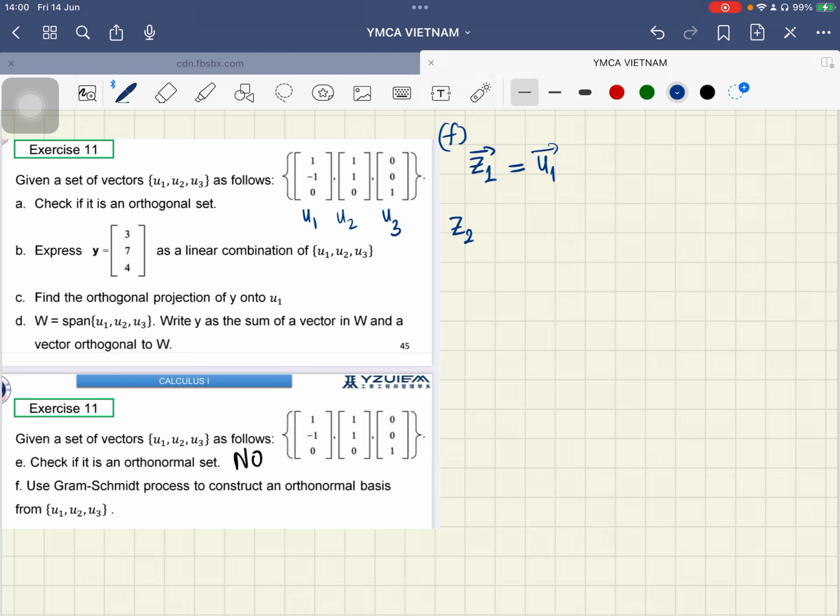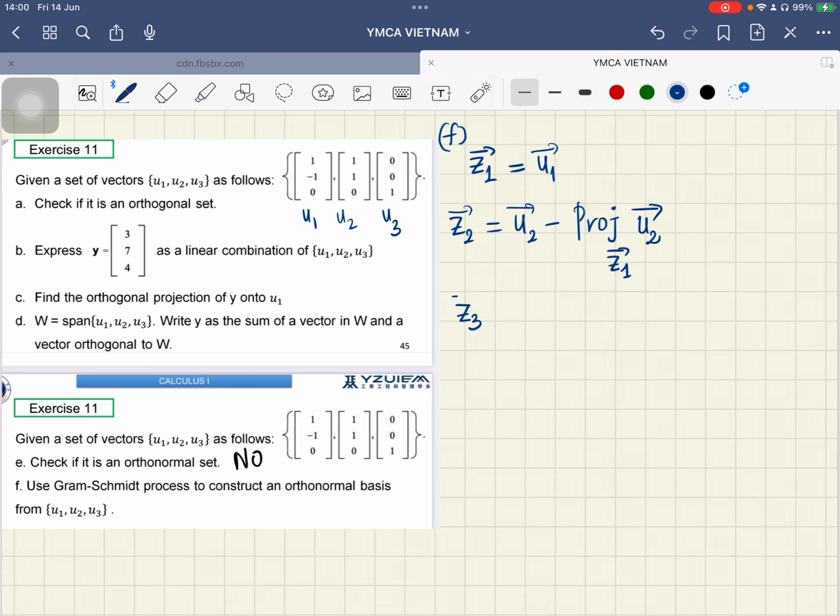And Z2 is equal to U2 minus the projection of U2 onto Z1.